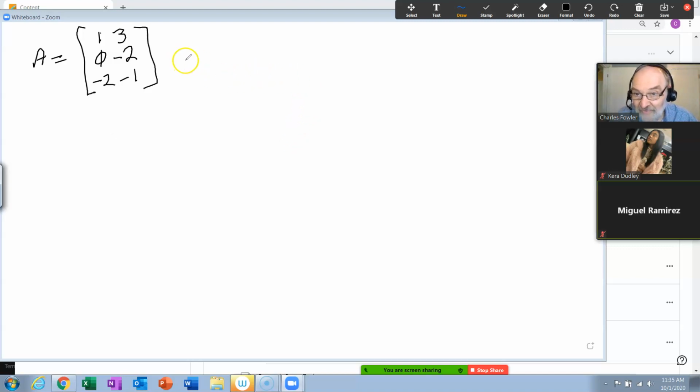So I guess what we have to do first is figure out what A transpose is. Can anyone tell me what A transpose is? What will be its size? Let me back off one. What's the size of A?